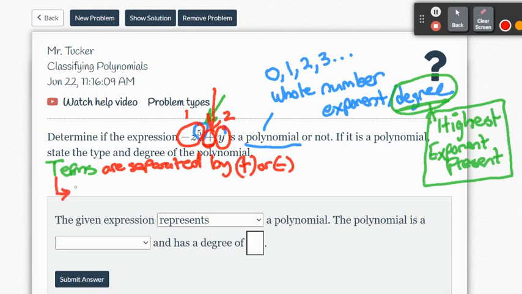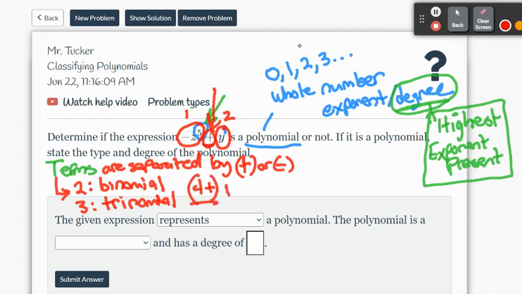Okay. And so the number of terms classifies the polynomial. If there are two terms, we call it a binomial. If there are three terms, we call it a trinomial. If there are 4 or more terms, we call it a that-many-term polynomial.